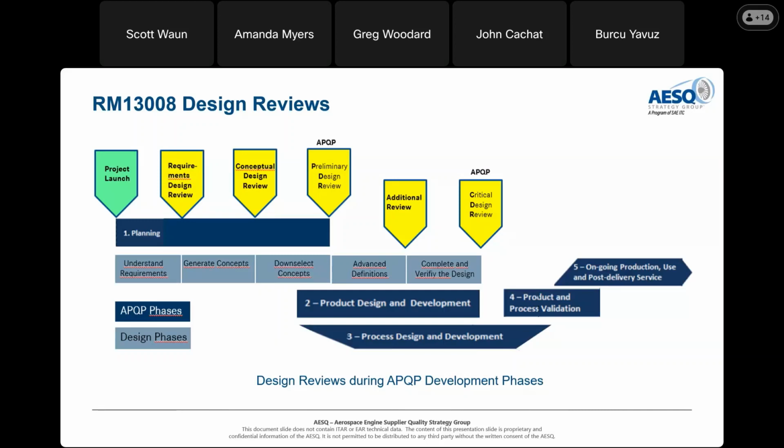we are focused on the planning or concept phase, phase 1, and the product design and development phase, phase 2. In the first review, you can proceed with the requirements design review, where you get an overview about the customer's needs.